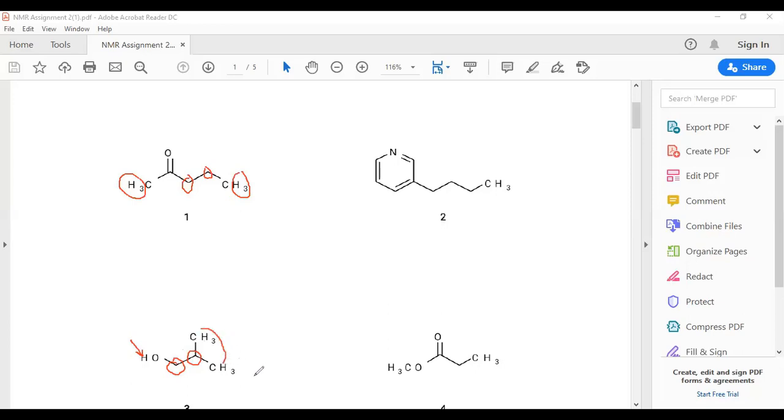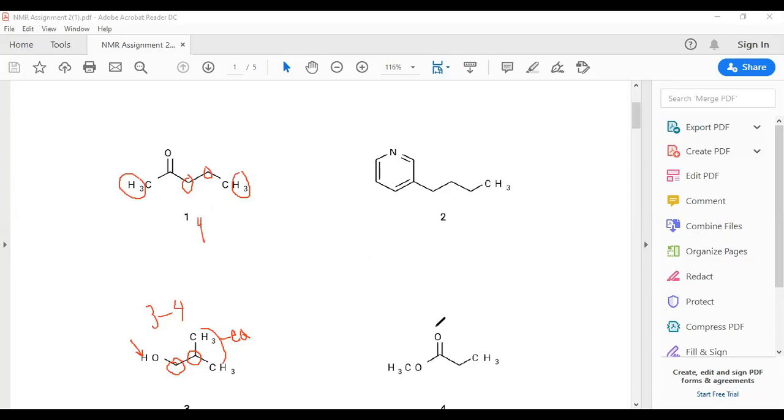You think they're going to be on the same signal or different signals? Same. They're all equivalent. All right. So if they're all equivalent, that means we should have 1, 2, 3, possibly 4. We're just talking about signals.